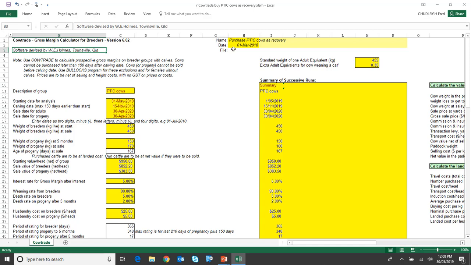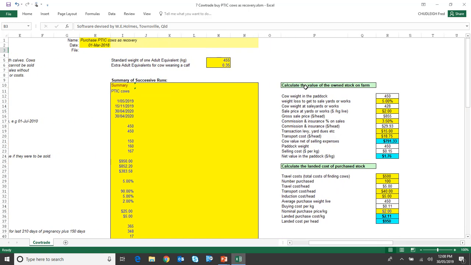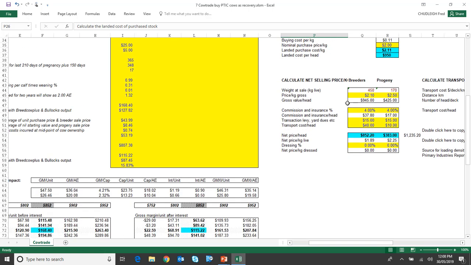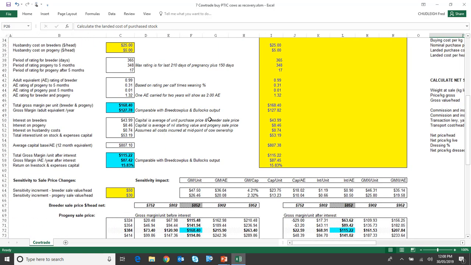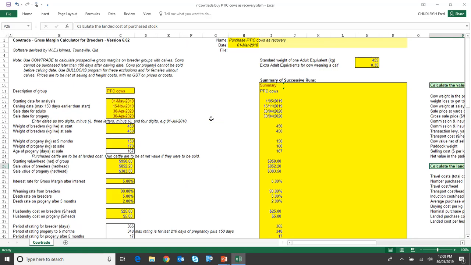Very handy little model looking at these short-term scenarios. We've got our summary tables there that we can run with macros. We've got our calculate the value of the owned stock on the farm, calculate the landed cost, and then our net selling calculators, our transport cost calculators. So we've got some boxes over there we can access, but it's basically this vertical arrangement.